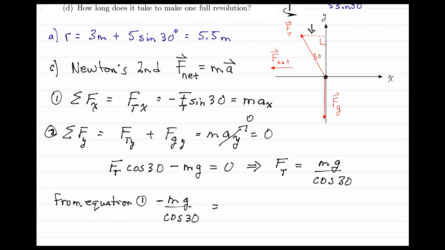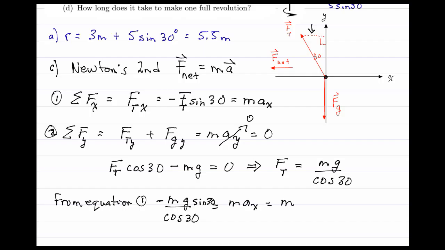And that's equal to mass times the acceleration in the x direction. I'm making a lot of mistakes here. I forgot the sine 30. So this expression is just this one here, where I've substituted in for F sub t. We know something about that acceleration.